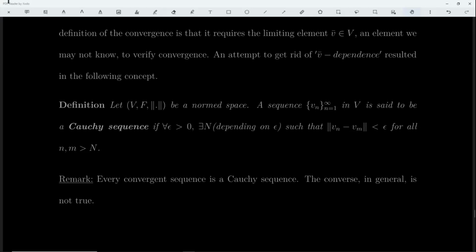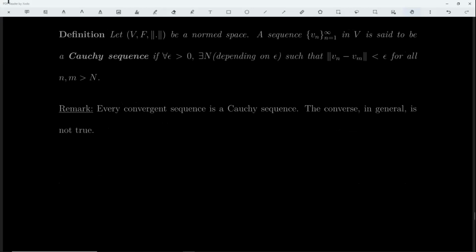Okay, so in the previous one we were checking the distance between Vn and V bar, and that should go to 0 as n goes to infinity. Here we are checking another condition. We are checking the distance between two elements of the sequence, and as n and m go to infinity, that distance should go to 0 for the sequence to be Cauchy.